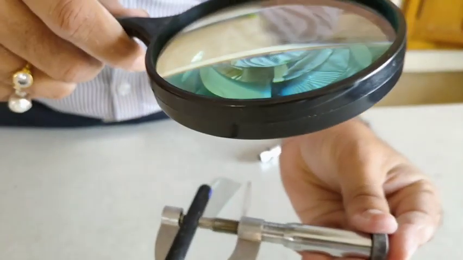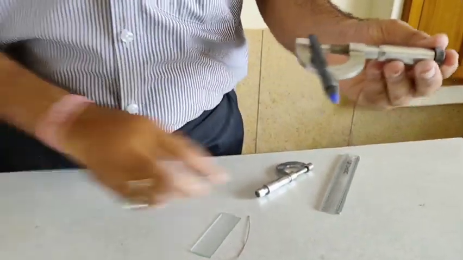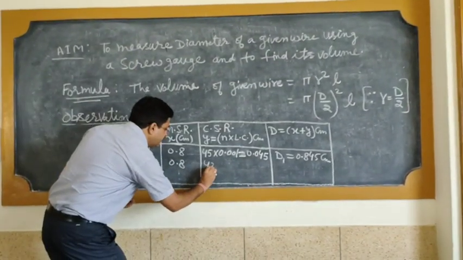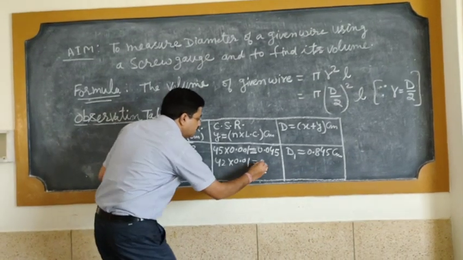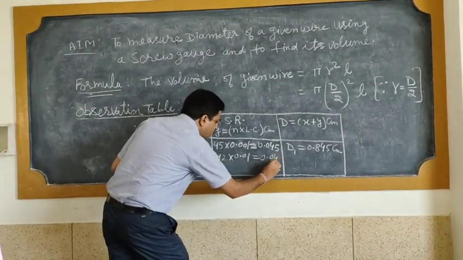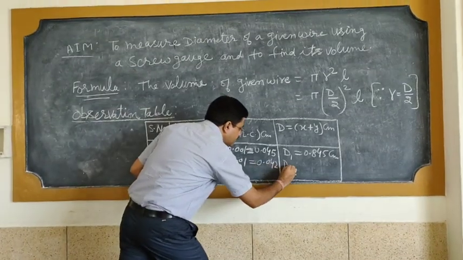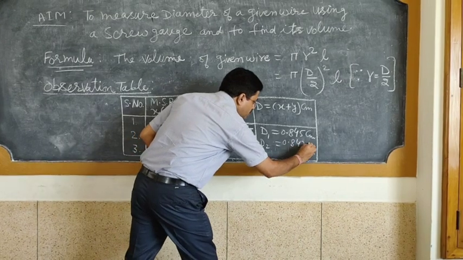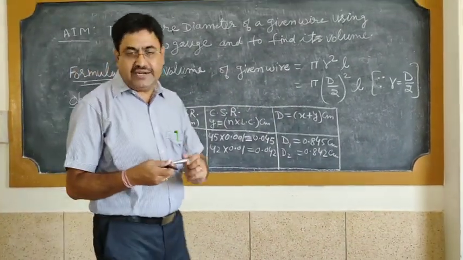So CSR, n becomes 42. I can write 42 into 0.001. It becomes 0.042. Then we add both. D2 becomes 0.842 centimeter.